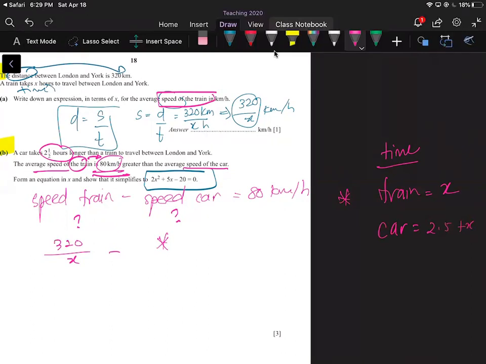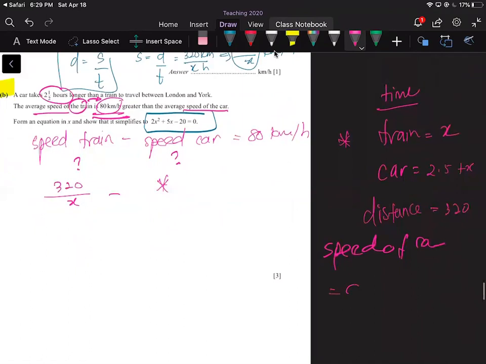Well, the distance should be the same lah. Distance yang berubah because they're going from one place to the other place yang sama, so it shouldn't change. So distance is still 320. Okay, so speed of car means distance of the place from one place to the other divided by the time taken untuk kereta berjalan.